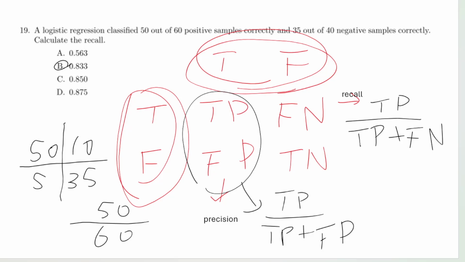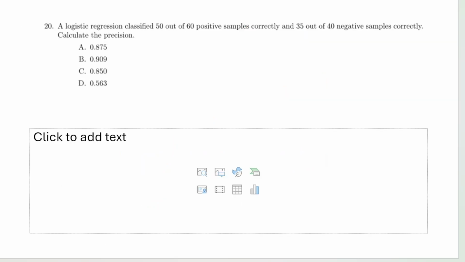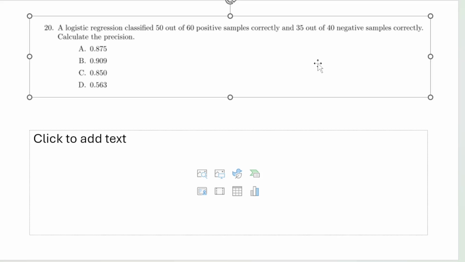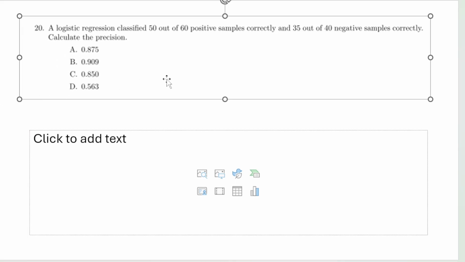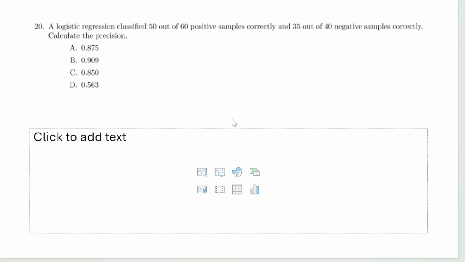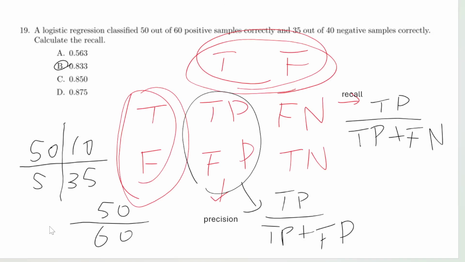Okay, so in a similar way, let's try to do the next question. It's the same thing, but now you have the precision. So let's just go back to this slide. So for the precision, what should I do?